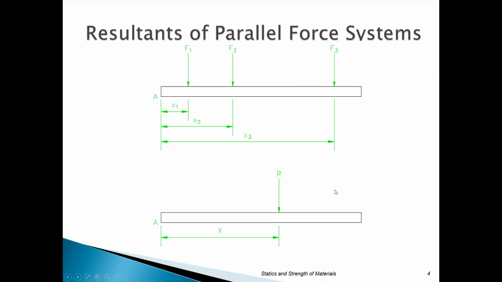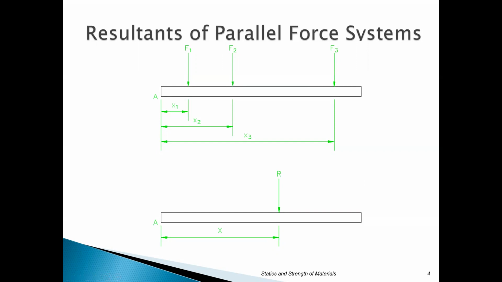What determines that distance x is that this rotation that's happening right here has to be equal to the rotation that's happening here. So essentially it's pretty simple. You just take the forces and add those together, and that gets you R. And then you're going to take this moment plus this moment plus this moment, and essentially you're going to be able to get this x in some way.